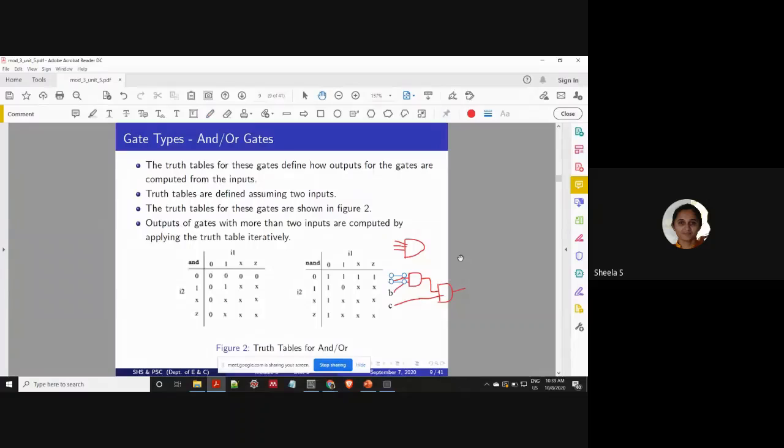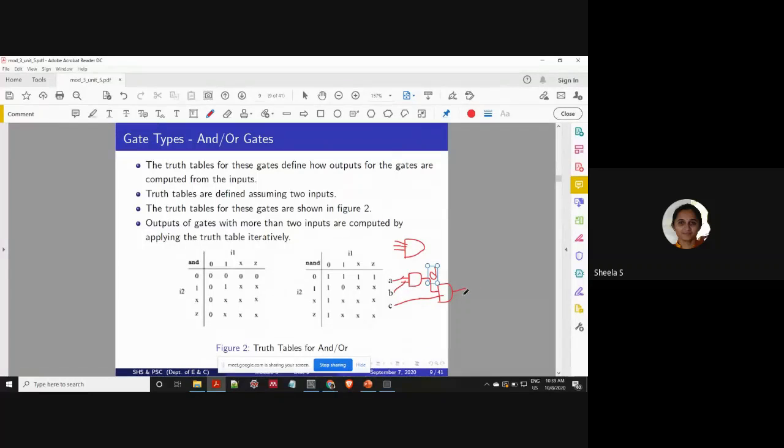So the output of this A, B will be considered as another signal. Let that signal be equal to D. Okay, so first it will process AB, and while processing AB, it will take this truth table. According to the combination of inputs, we will get the output. So that output acts as input for the second AND gate. Then once again, it will take the two input truth table and process.